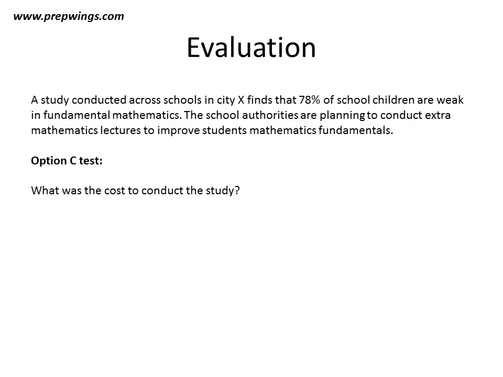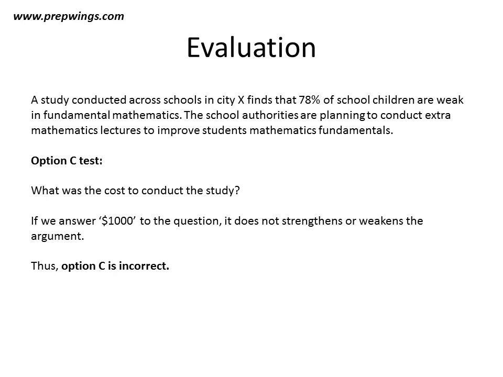Now we will look at option C. Option C says what was the cost to conduct the study. We might pick a very big number, say $1,000 was the cost to conduct the study. If we answer $1,000, it doesn't strengthen or weaken our argument. Thus option C is incorrect.